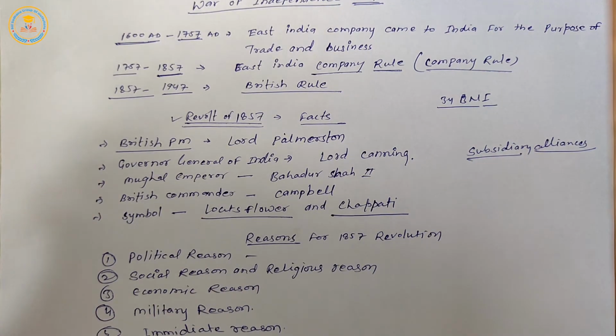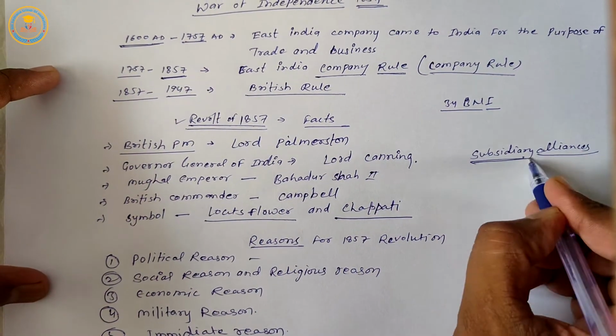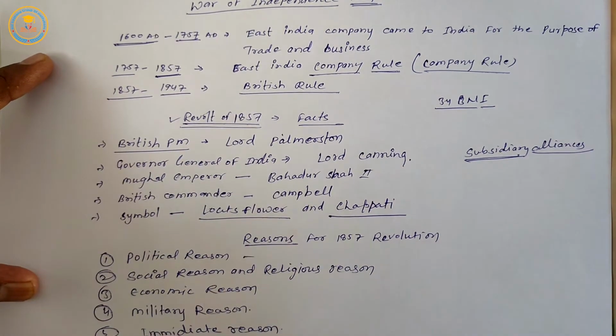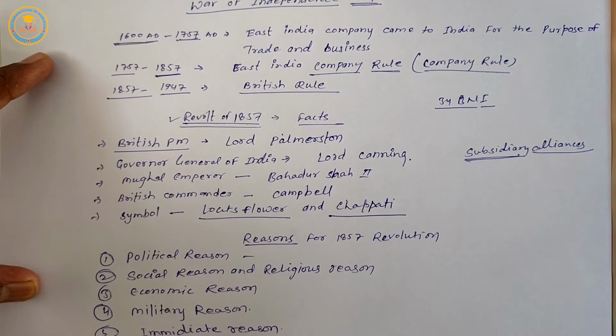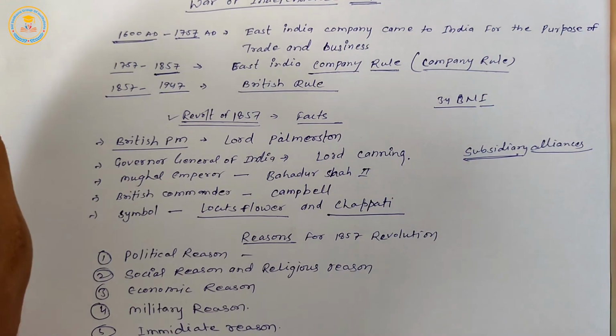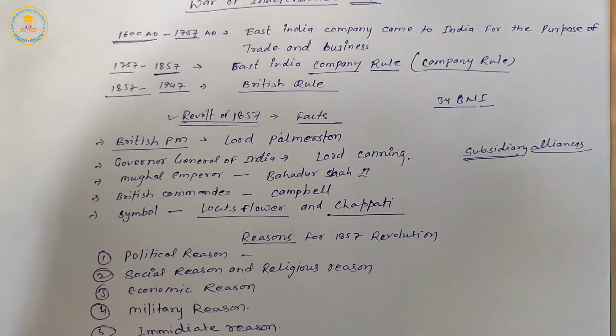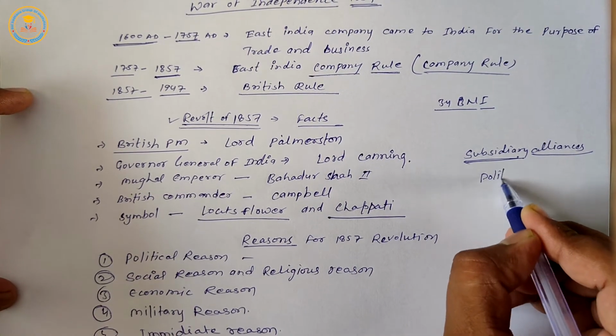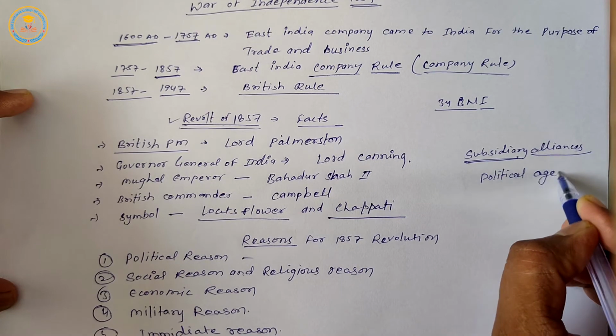According to this policy, a British officer was present in the court of the rulers, and any decision taken by the king or queen was made after discussion with this British officer, who is known as the political agent.